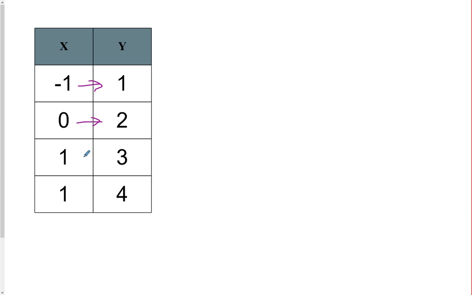For an input of 1, though, all of a sudden we end up with 3 or 4. There's two possible outputs for the input of 1. We plug in a 1 to our equation, we could get a 3 or a 4. So this is going to be not a function, because we've got two possible different outputs for that input.